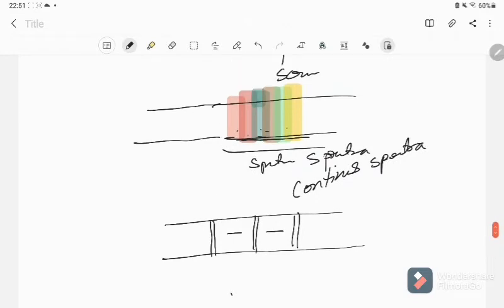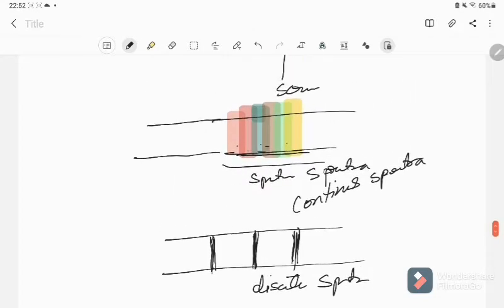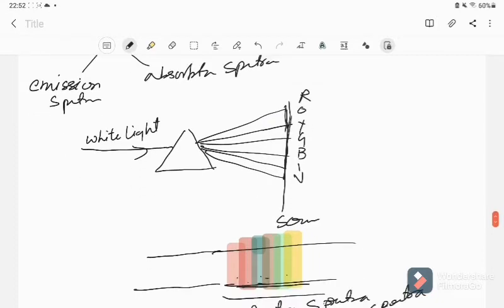This type is continuous spectrum, and this type, where there is a gap between any two spectral lines, is called discrete spectrum. This is an example of color, just to make you understand what is spectrum.